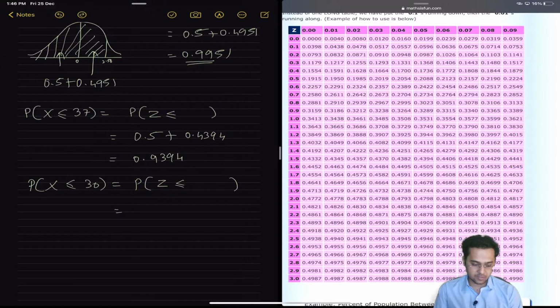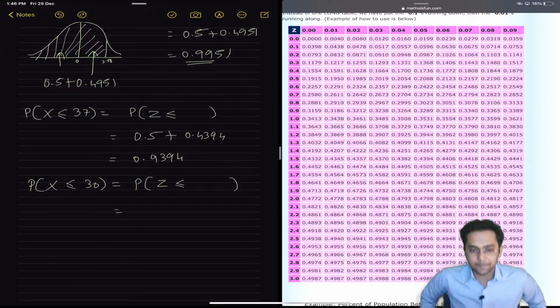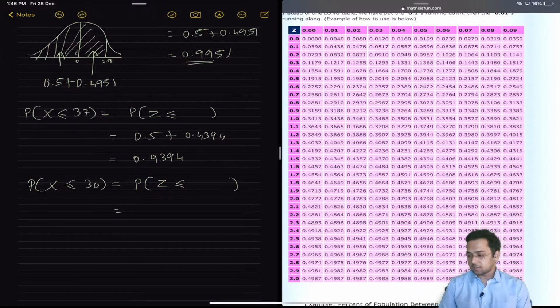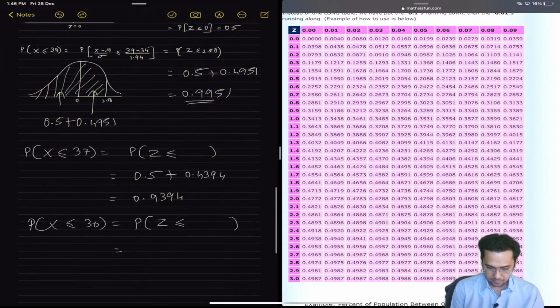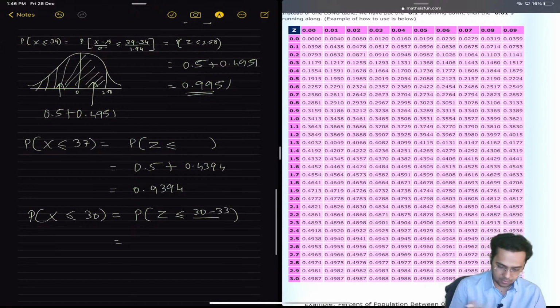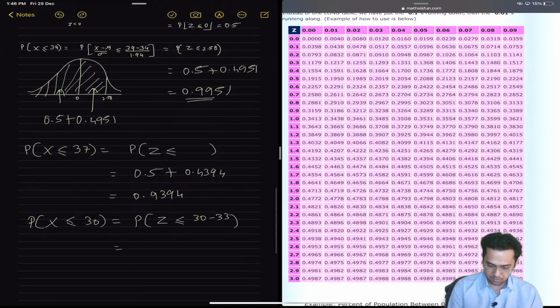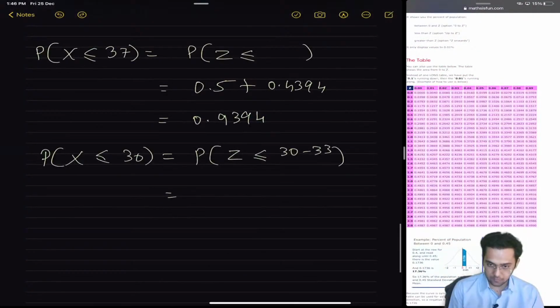If you convert x less than or equal to 30 to z, it should be 30 minus 34, divided by 1.94.